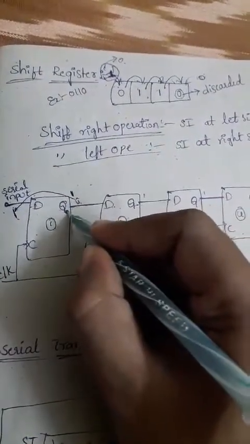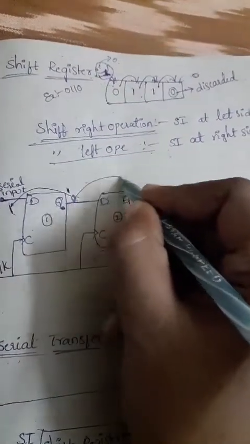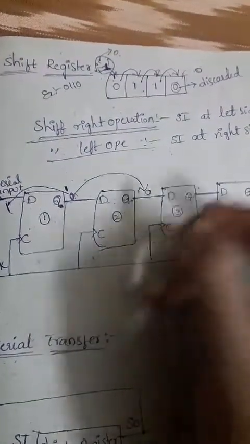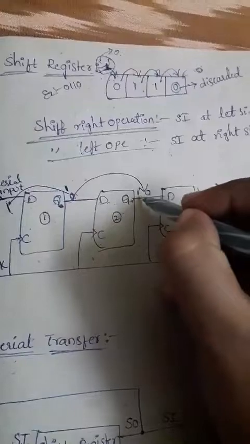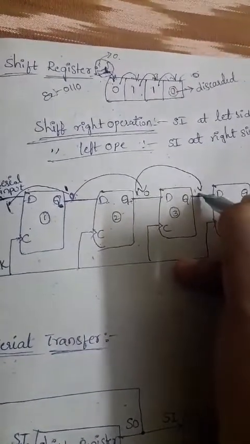What about the next case? The previous output of Q0, that is 0, will be shifted to here. And the previous output of Q1, which was 1, will be shifted here.